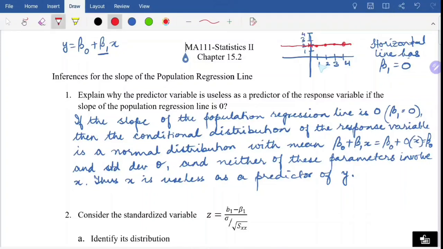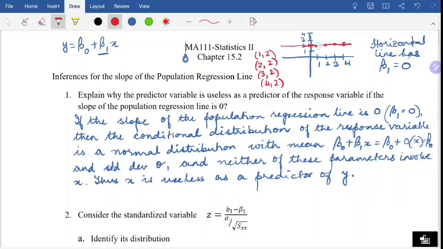When x is 1, y is 2, right? When x is 2, y is a 2. When x is 3, y is still a 2. When x is 4, y is still a 2.